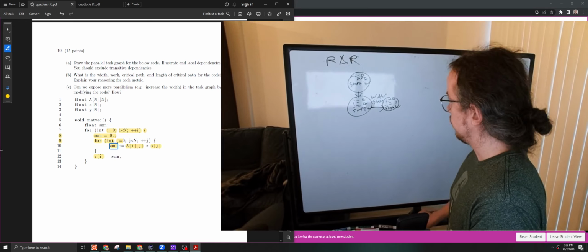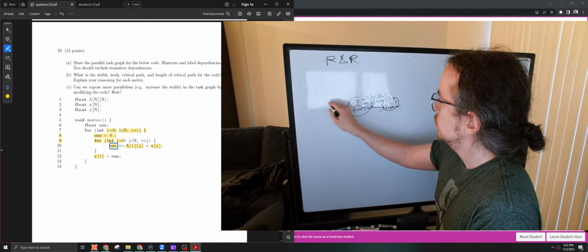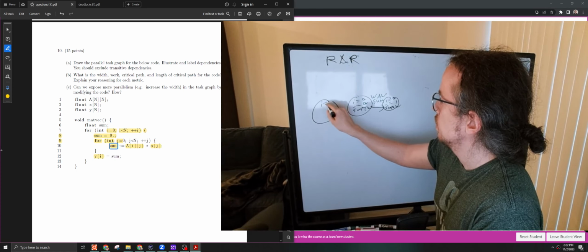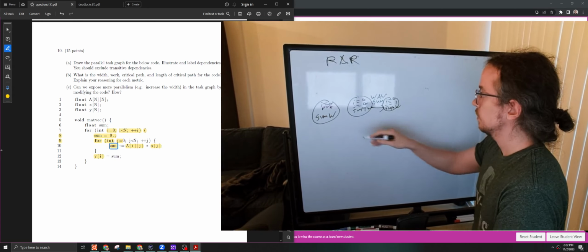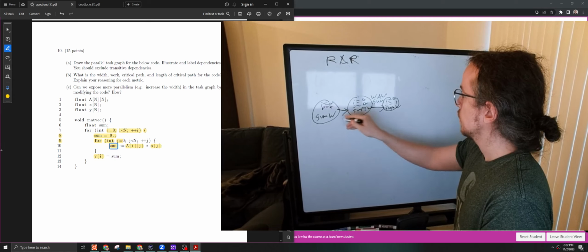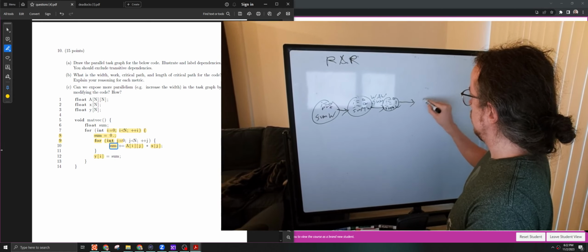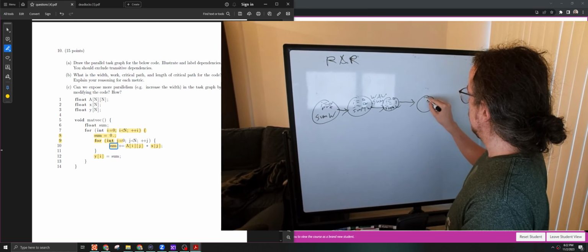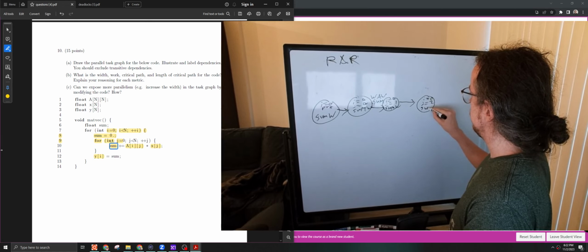In fact, for the sake of argument, we should probably just go ahead and move this task down here. We'll move the pre-task down here. We're going to write to sum. And then, for i equals 0, j equals 2, we write to sum.